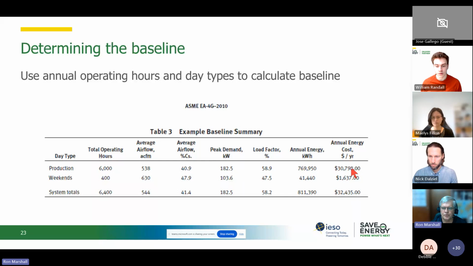We can calculate and project forward. We're not measuring for a full year, but we're measuring for one or two weeks and projecting forward. We take the weekends to figure out how many weekends the system is operating and calculate the baseline: the baseline costs, the baseline flow, the baseline peak and average kilowatts.